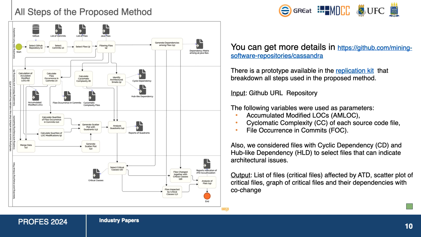This method is available online in the following replication kit. In general, you have the URL of the repository, and after you execute and perform the method, it results in the files with cycle dependency, hub-like dependency, and selected files that can indicate architectural issues, as a list of files.